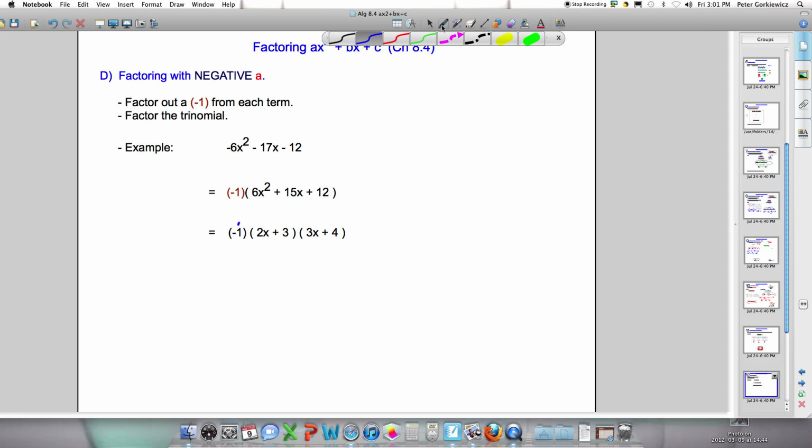If this was something like a plus, when you factor this negative 1 out, this will become positive, this will become positive, and our plus will become negative. Okay? So just watch your terms, watch your signs. So factor 1 out, and then leave the negative 1 outside and factor the new trinomial. Yeah, so you're going to factor this and kind of forget about him for a while.